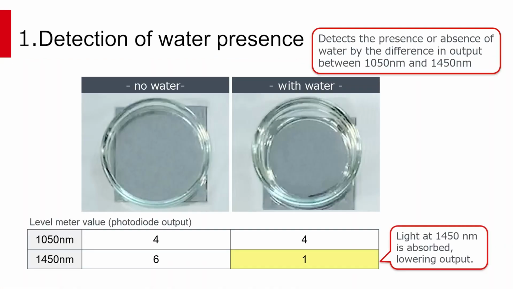Light at 1450 nanometers is absorbed by water and its output is lowered, so the difference in output between 1450 nanometers and 1050 nanometers can be used to detect the presence or absence of water.